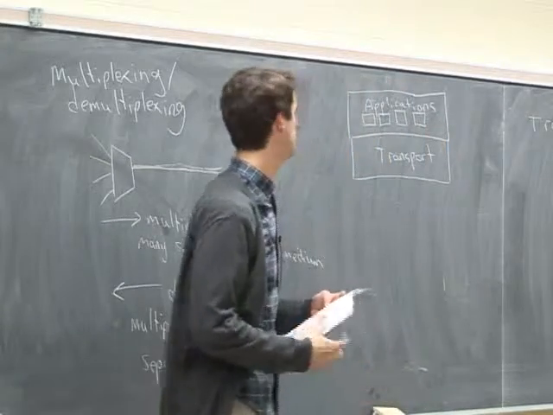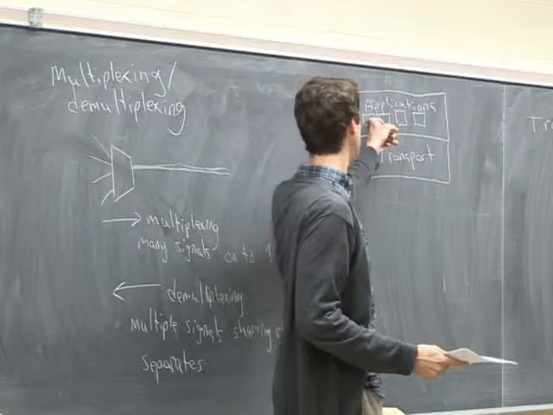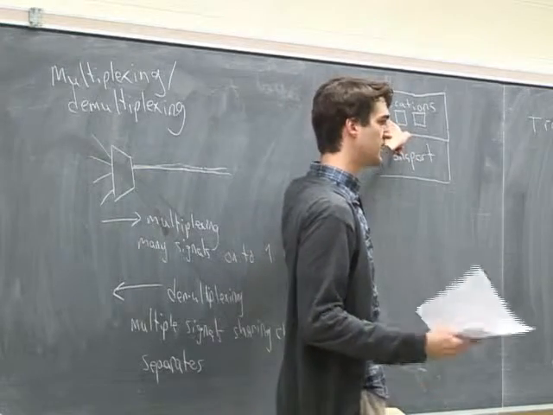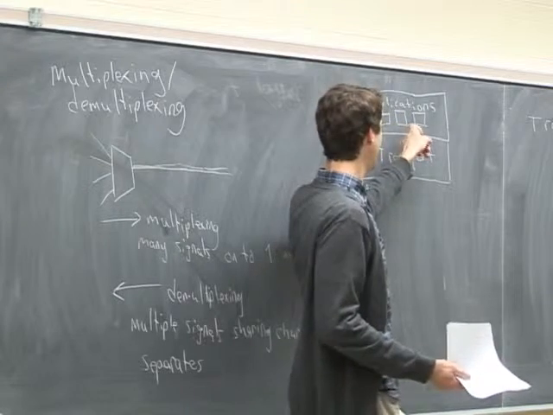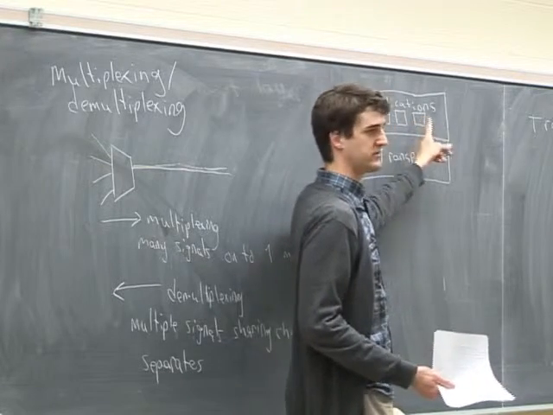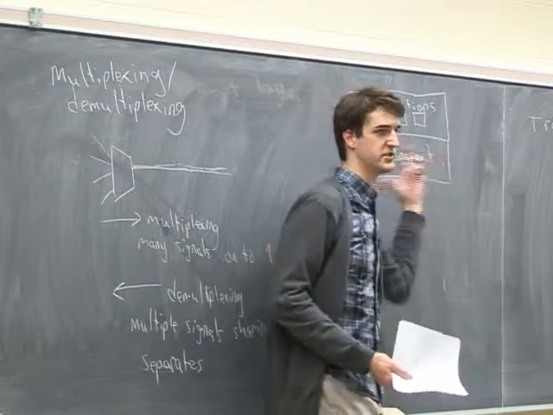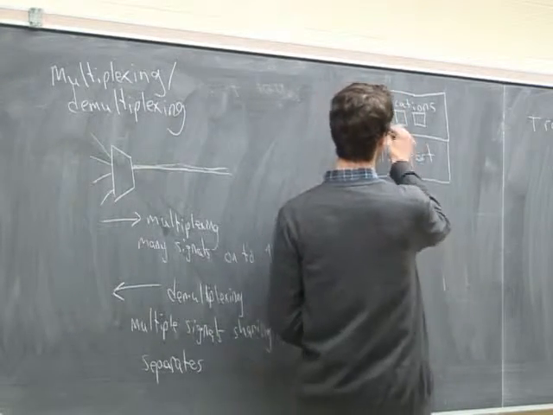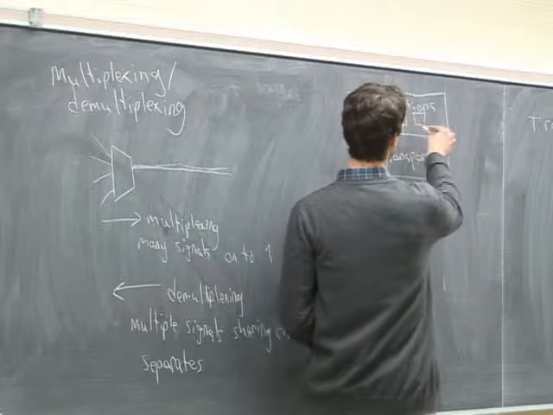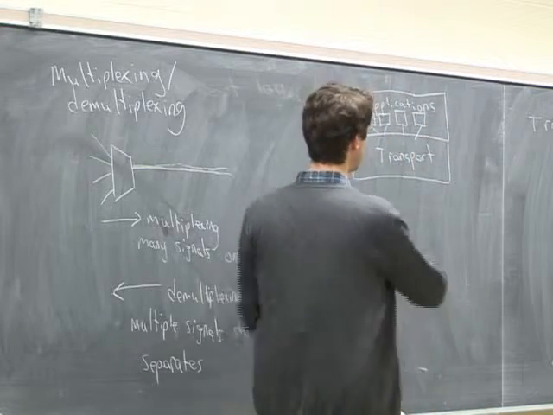For instance, this may be a web browser, this could be AIM, some sort of instant messaging, this might be Skype, and this might be Pandora or some sort of streaming radio service. Now we need to combine all their flows into one.